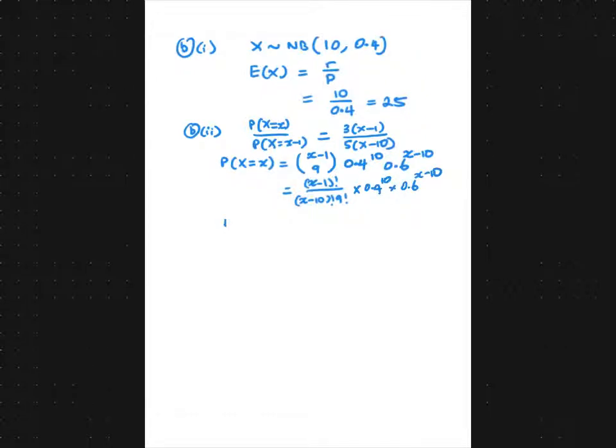You also have P(X equals x minus 1) equals x minus 2 factorial over x minus 11 factorial, 9 factorial, times 0.4 to the power of 10 times 0.6 to the power of x minus 11.